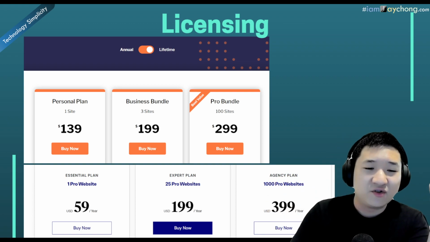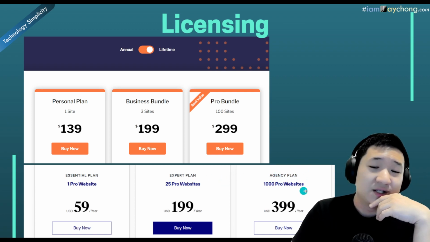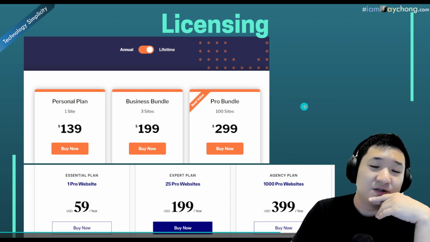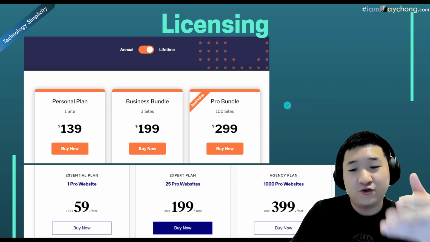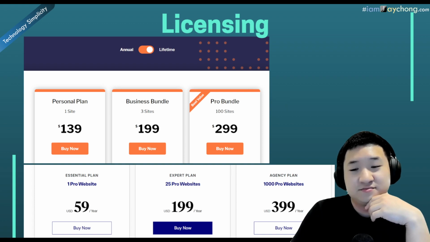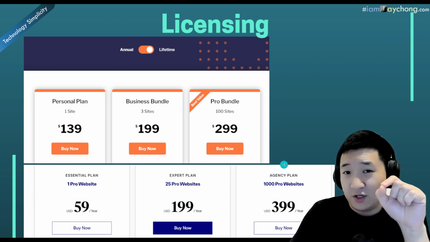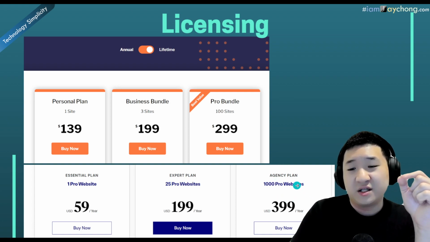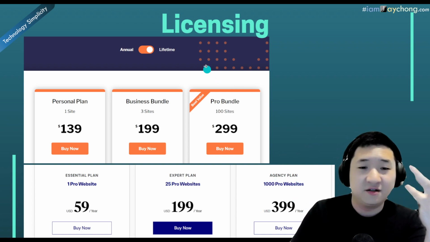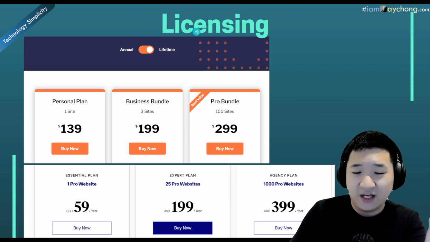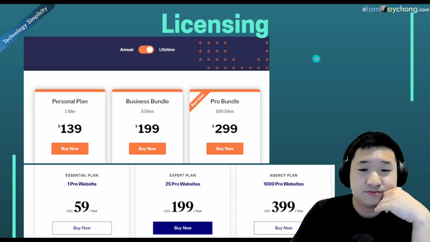On the other hand, if you look at this, it's quite scary actually, even though it's one website per year at $0.4. I know it's very cheap, but this is per year. So if you're going to calculate 10 years, 20 years, definitely the lifetime one is cheaper.